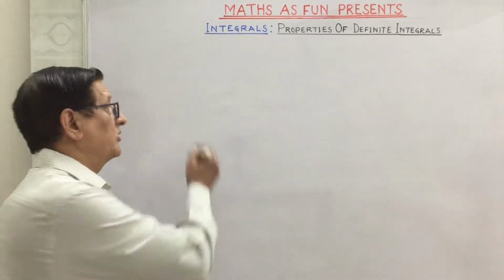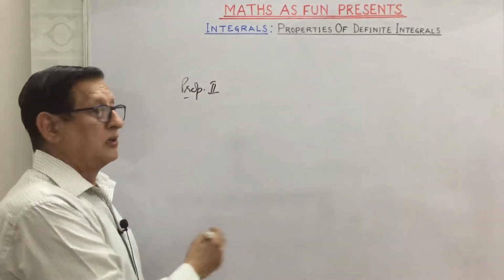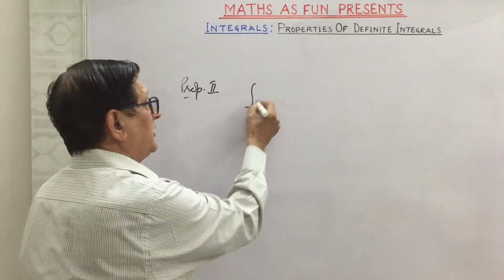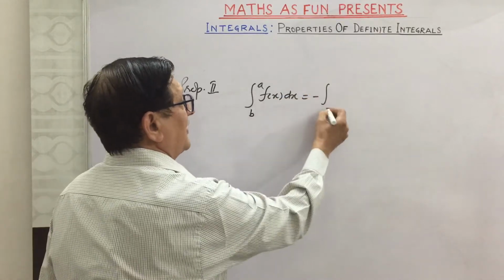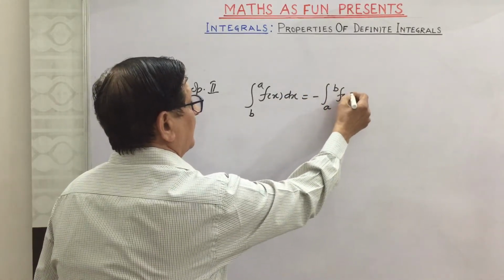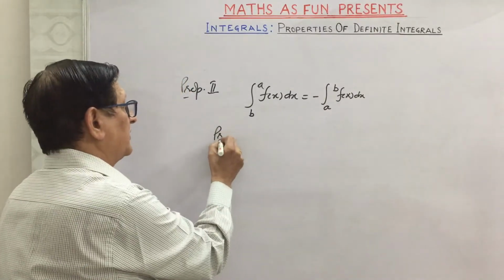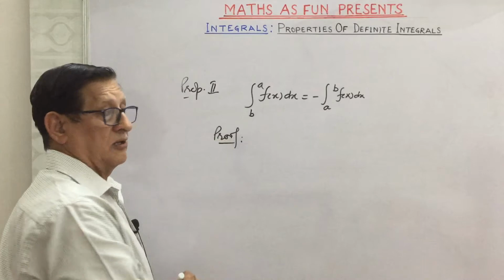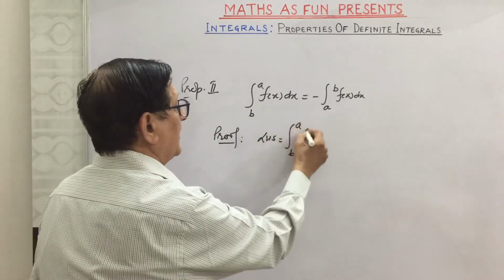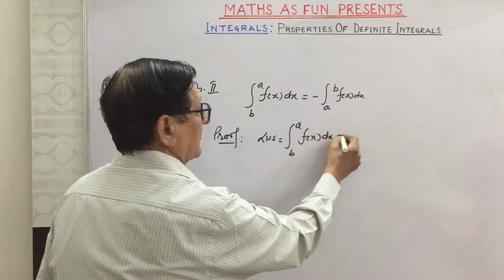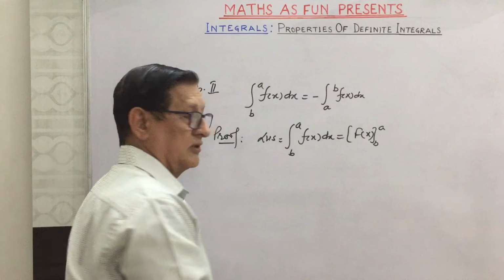The second property is the limit from b to a f(x) dx is the same as minus a to b f(x) dx, and the proof of it can be taken as, if we take the left hand side here, that is b to a f(x) dx is equal to F(x) from b to a.